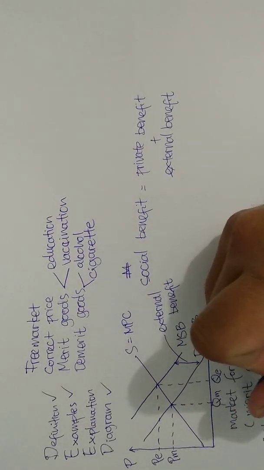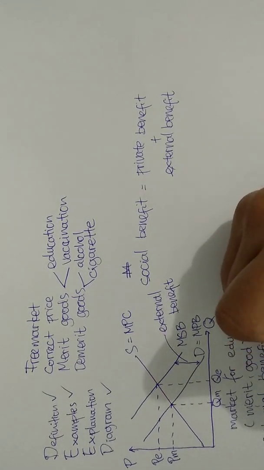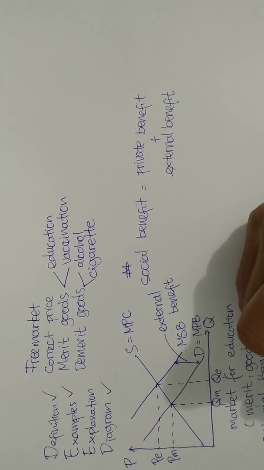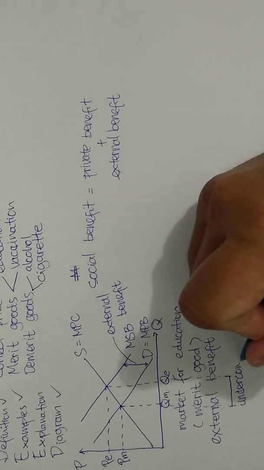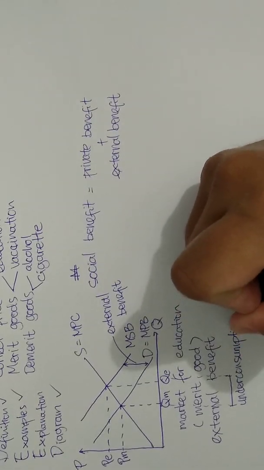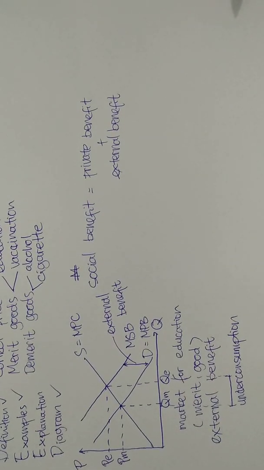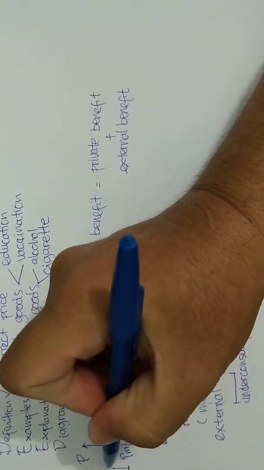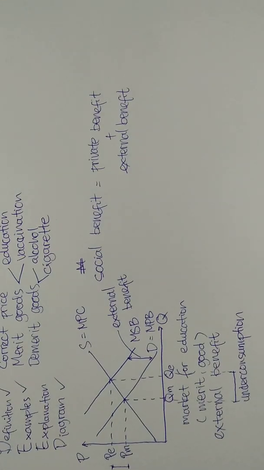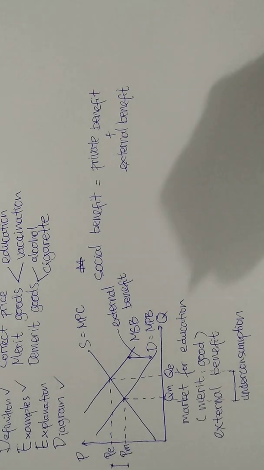As you can see here, for merit goods, there is a tendency for underconsumption. Okay, underconsumption of merit good. As you can see here, the discrepancy between the price in the market and the price efficient, that is the incorrect price, if you let the market decide on the price of merit goods.